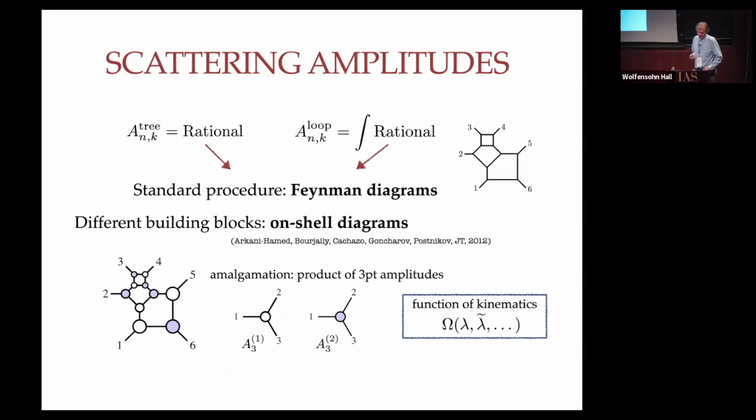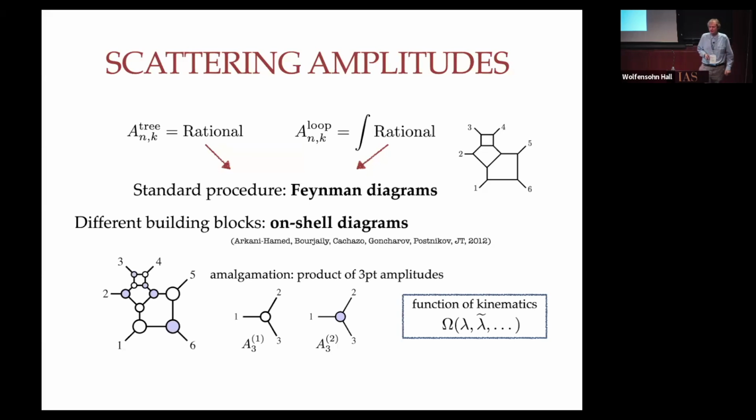Now, as I said before, we distinguish between the tree level, the leading term in the perturbation theory, the simplest amplitudes, which are just rational functions, and the loop amplitudes, which are integrals of rational functions. And instead of using the standard procedure of Feynman diagrams, we have different building blocks, which are exactly these on-shell diagrams.